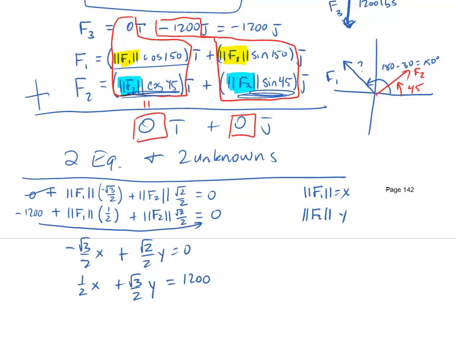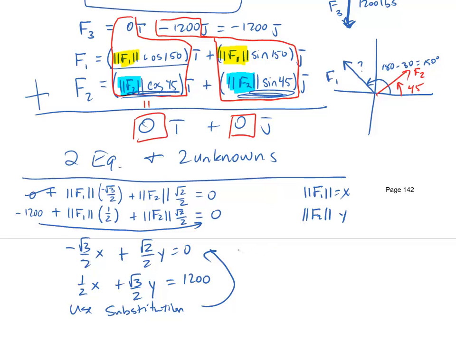So to solve this, I would recommend the easiest way is to do a substitution approach. All right, let's use substitution. Meaning, let's take this equation right here and solve that for, say, y, and then plug that for y in this second equation.